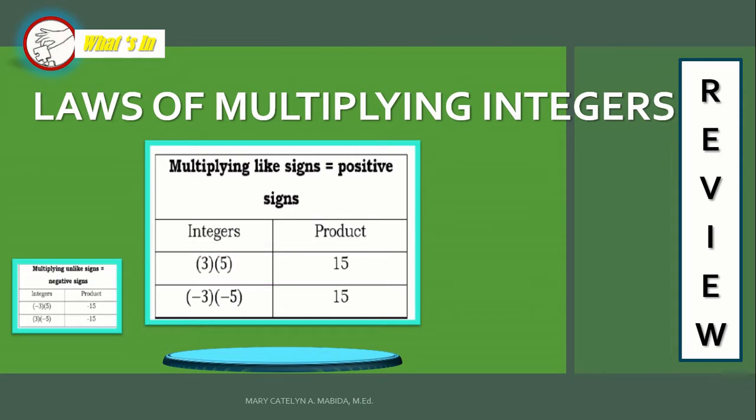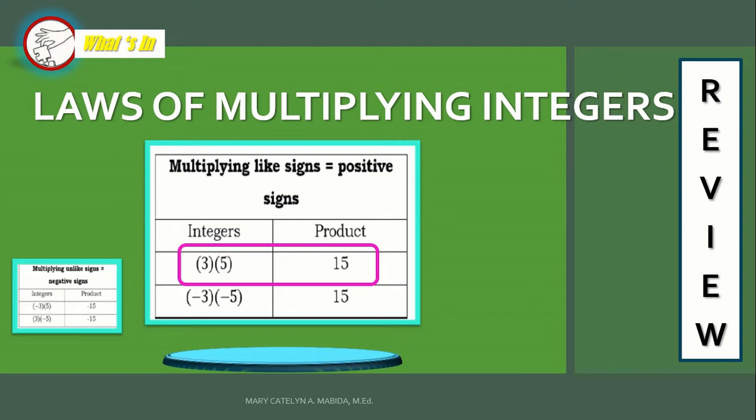In multiplying like signs, for example, both positive or both negative, the product will always be positive. So, let us have example number 1. 3 times 5. What are the signs of 3 and 5?